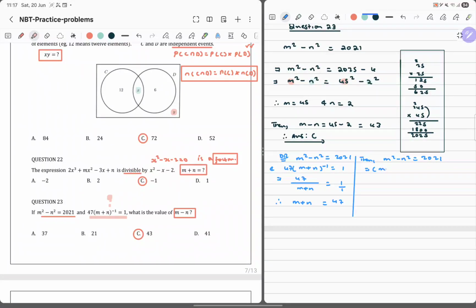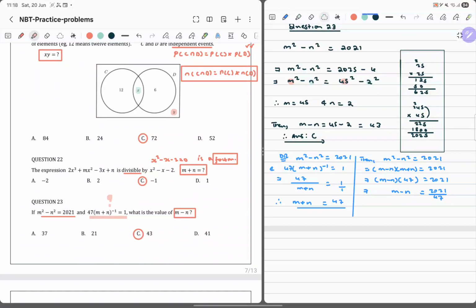Now this implies that m minus n into m plus n is equal to 2021. Now m plus n is replaced, so m minus n into this becomes 47 is equal to 2021. So this means m minus n is 2021 divided by 47.